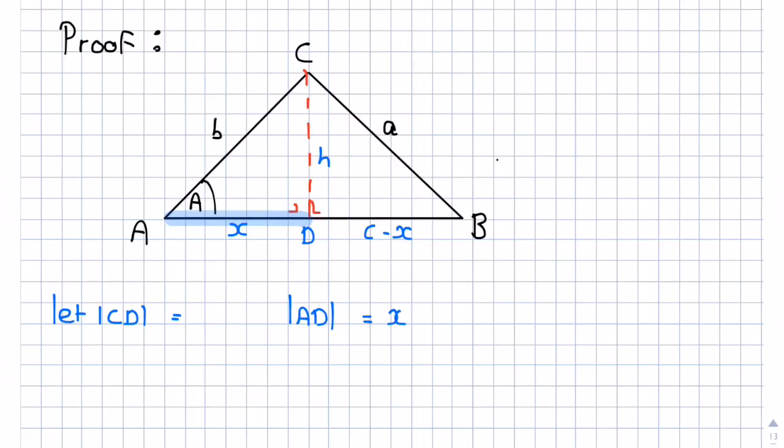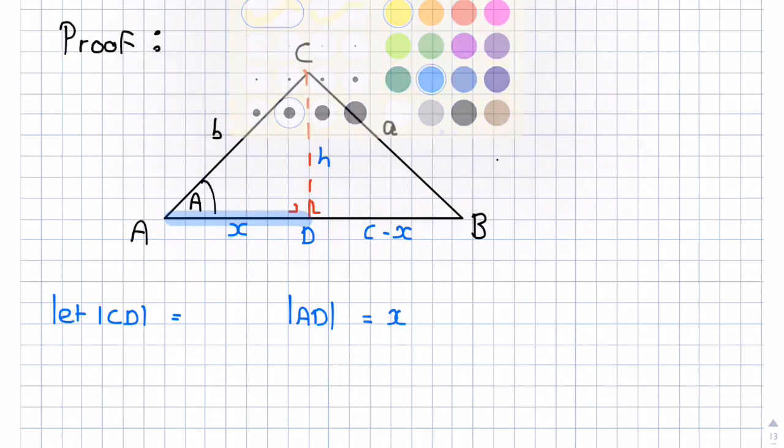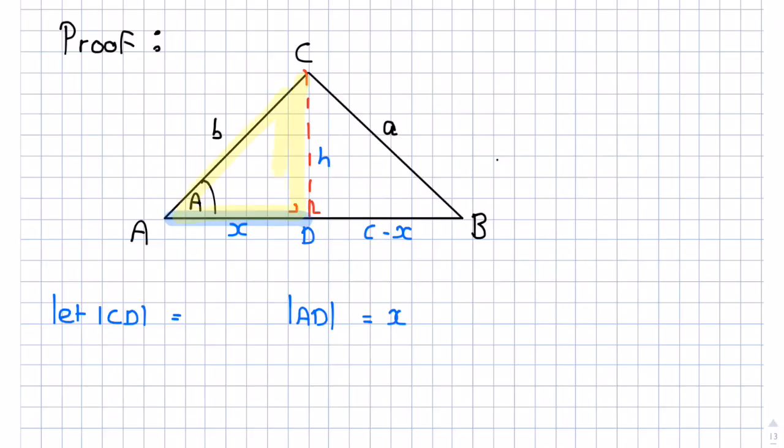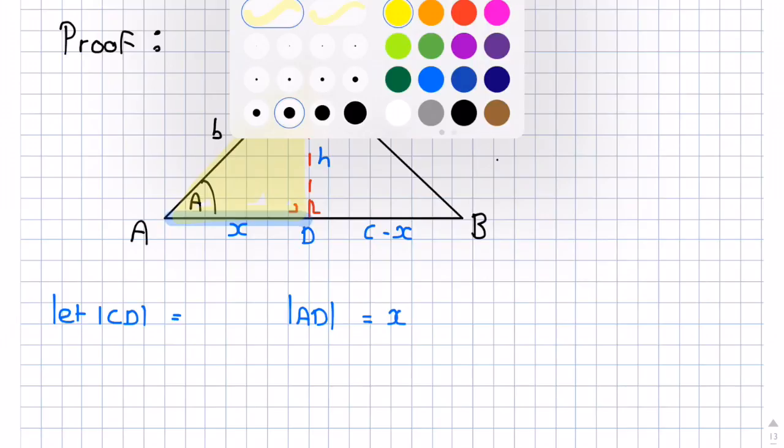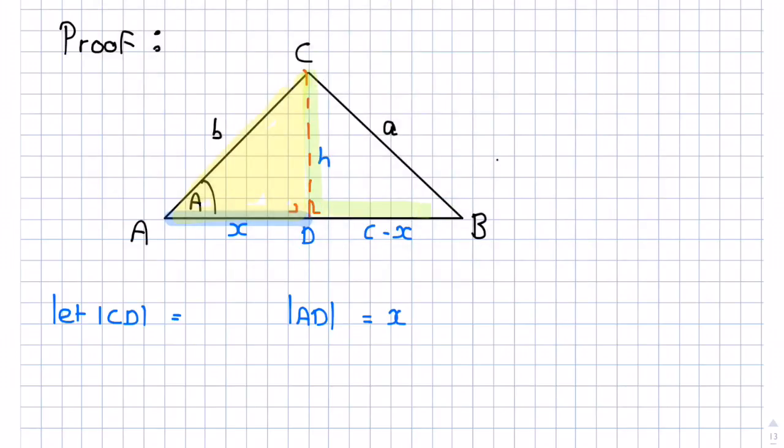We have this new point D. And the bottom has become a length X and C minus X, because together they need to make C. Okay, let's use Pythagoras' theorem now on our two separate triangles. I'm just going to highlight these two triangles so we can talk about them differently. We're going to have our yellow triangle on the left, and we'll go with a green triangle on the right.